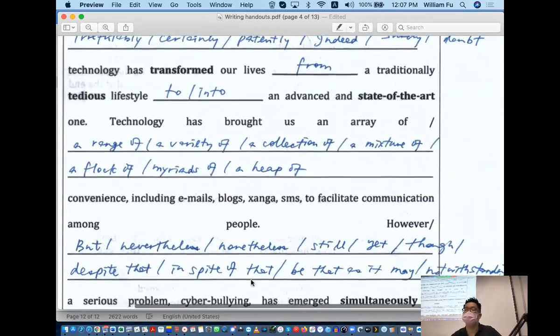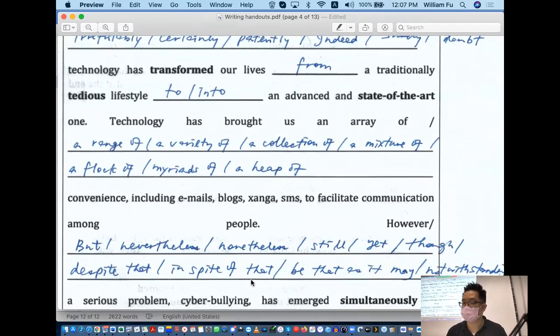However, what are the synonyms? You can say but, or nevertheless, or nonetheless, or still, or yet, or though, or despite that, or in spite of that, or be that as it may.